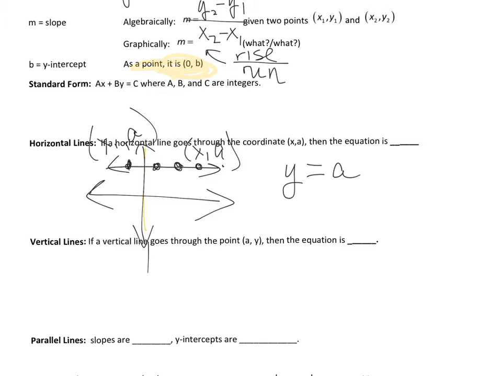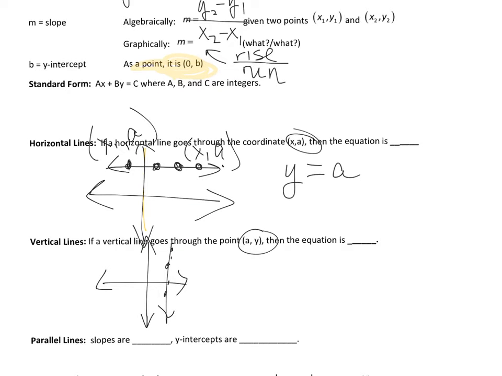A vertical line is very similar, and note I gave these coordinates variable names that work nicely with the problem. If we do a vertical line, same thing: if we're going up and down, only the y value is changing, but the x value is the same.